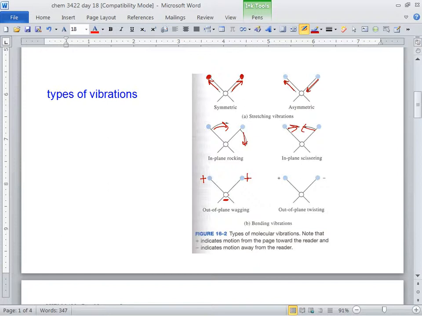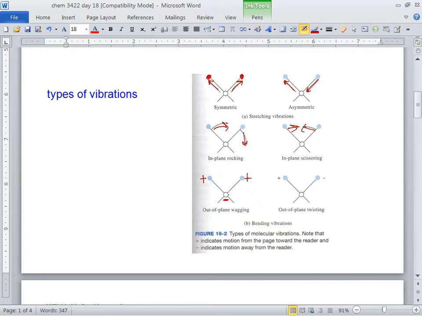Out-of-plane wagging is probably what? The little minus sign is trying to indicate that atom is going where? Away from you, right? And these two are going towards you all at the same time. So that's why they call it an out-of-plane wagging.